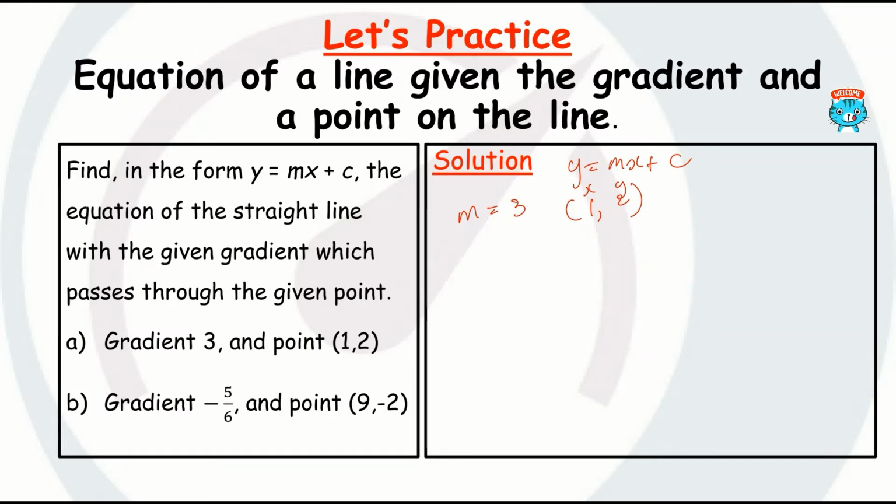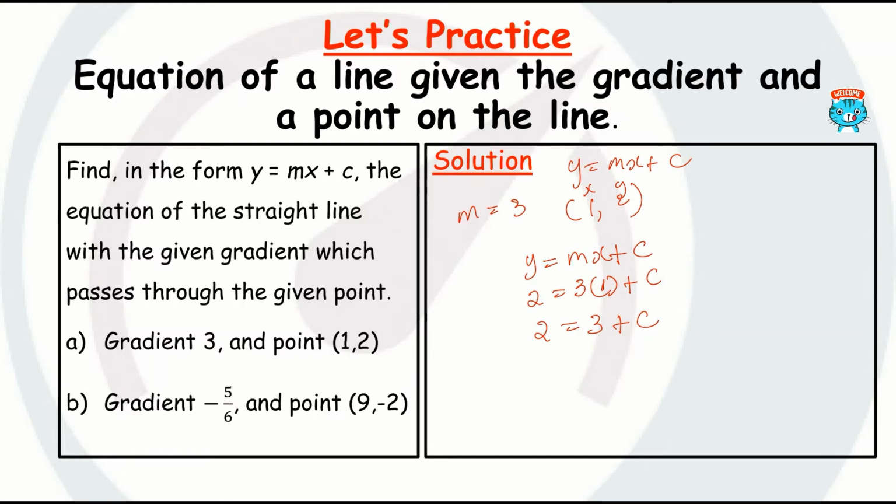So we have y is equal to 2. Let me just rewrite y equal mx plus c to show you that we are plugging in the values, doing our algebraic substitution. So y is equal to 2, m is equal to 3, and 3 multiplied by 1, which is x, plus c. So 2 is equal to 3 times 1, 3, plus c. We find the value of c by subtracting 3 on both sides.